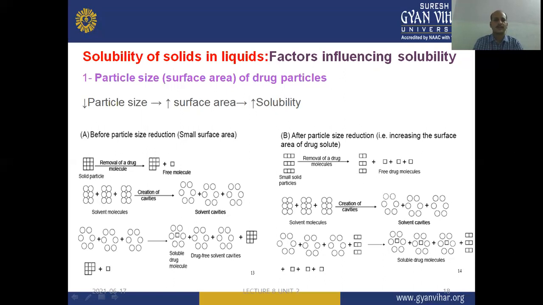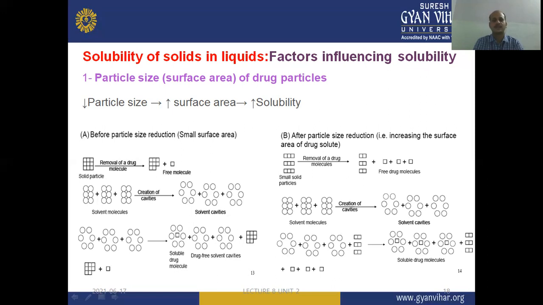You can compare the different diagrams given in sections A and B. In section A, before particle size reduction, the surface area is small, and in diagram B, after particle size reduction, the surface area of the drug solute is increased. As we saw in the previous lecture, the process of solubilization first involves the creation of a hole or cavity in the solvent molecules, then breakup of the solid particles, and then integration of the solid particles into the cavity of the solvent molecule.